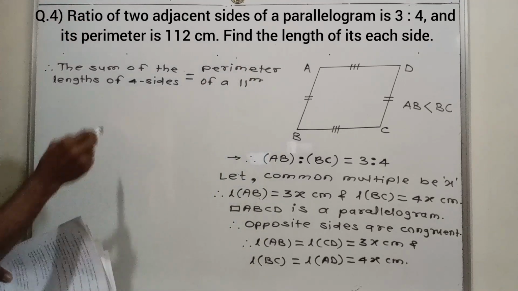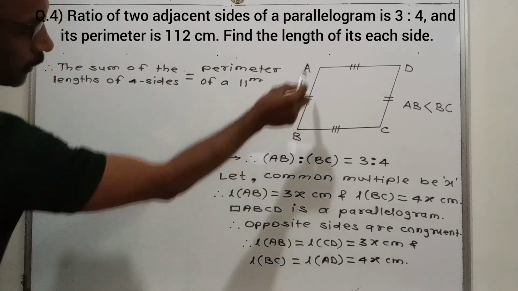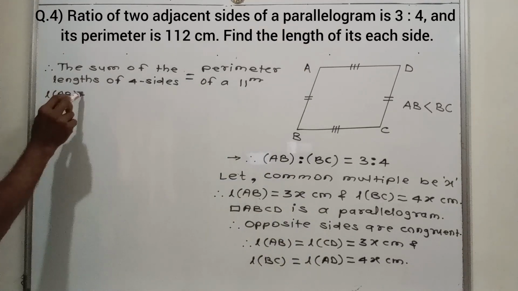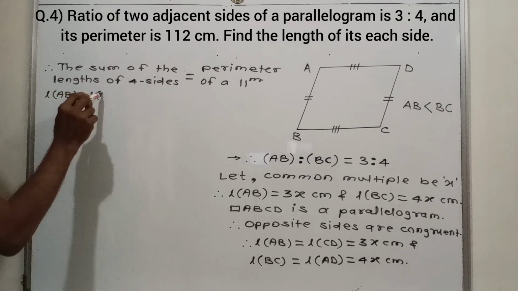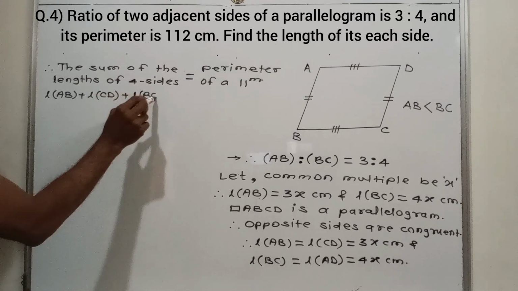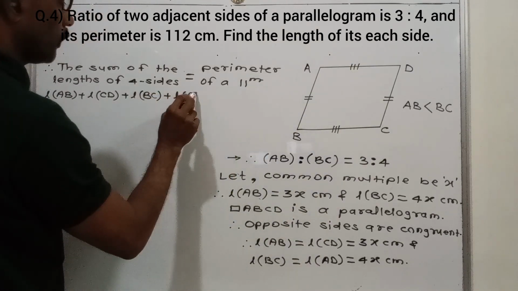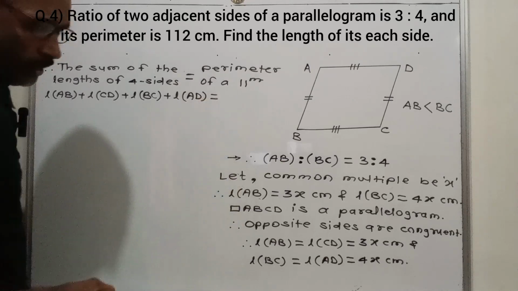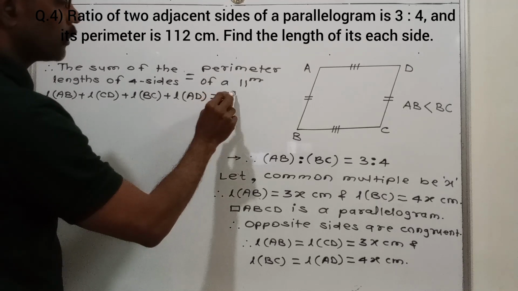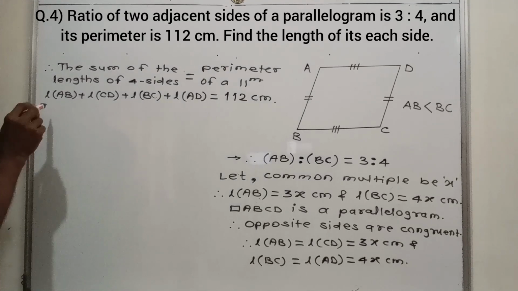Did you get it? Therefore, the sum of the lengths of four sides. Which are four sides? Length AB plus length CD plus length BC plus length AD is equal to the perimeter of this parallelogram. What is it? 112 centimeter.